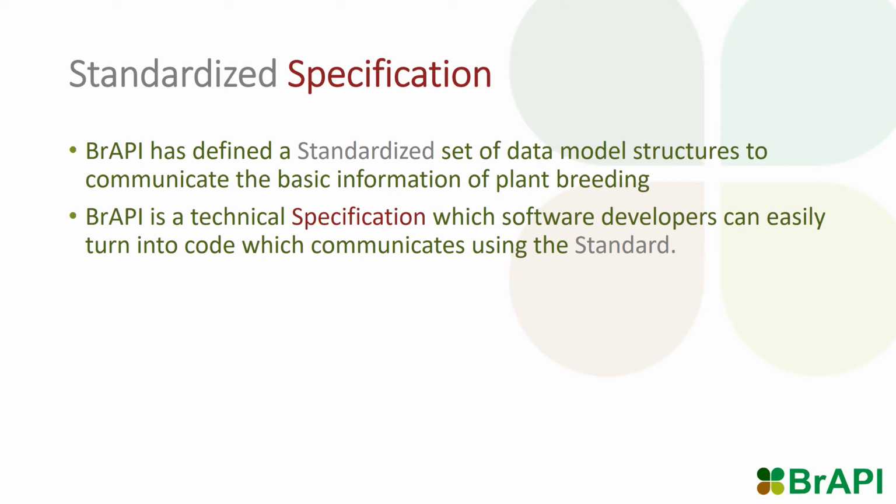And finally, BrAPI is a specification. It's a technical specification. At its core, there's no tool, there's no application. I can't give you a thumb drive and say, here, this has BrAPI on it, go run it. It is at its core just a specification that defines how the data models should be constructed, and how commands should be issued between pieces of software.